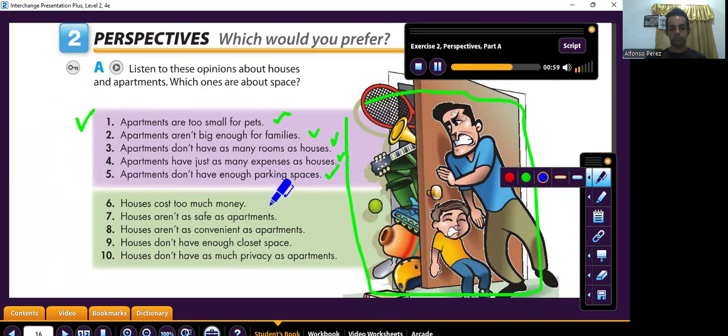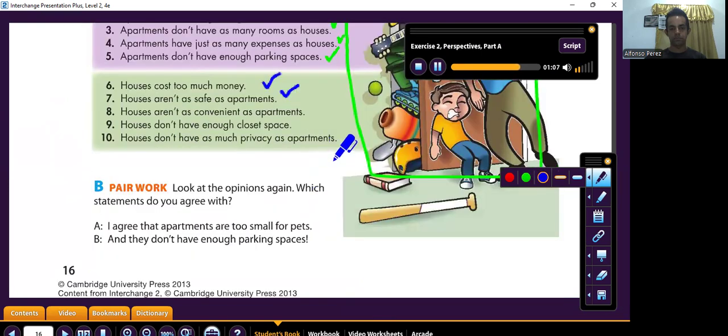Houses cost too much money. 7. Houses aren't as safe as apartments. 8. Houses aren't as convenient as apartments. 9. Houses don't have enough closet space. 10. Houses don't have as much privacy as apartments.